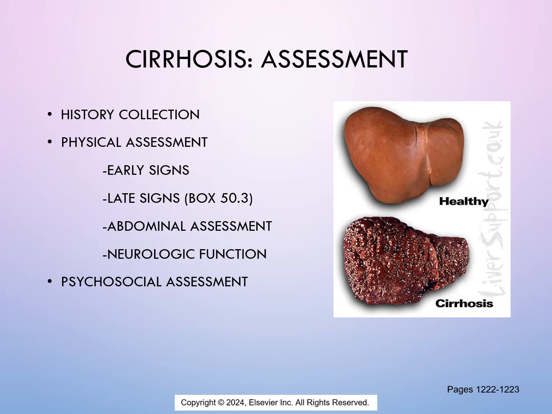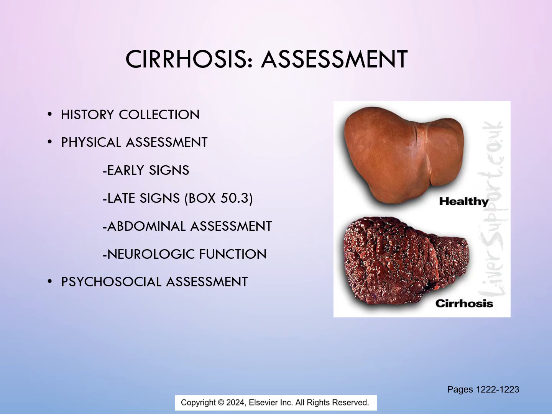These patients may have no symptoms and only display signs during routine lab work. In advanced cirrhosis, aka end-stage liver failure, patients will have late signs such as GI bleeding, jaundice, ascites, and spontaneous bruising. Box 50.3 on page 1222 details features of late-stage cirrhosis.